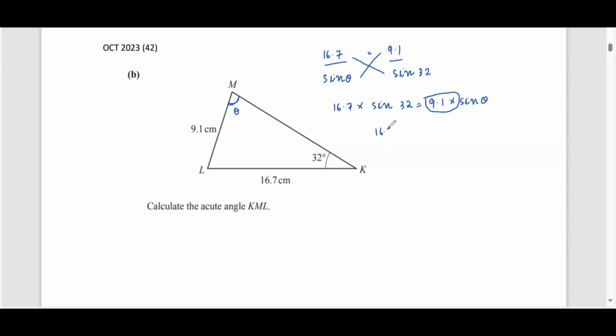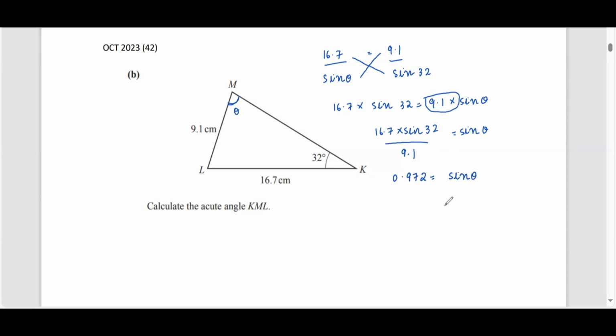So 16.7 into sine 32 divided by 9.1 is equal to sine theta. Let's put the left-hand side in calculator. So 16.7 multiplied by sine 32 divided by 9.1 will give me approximately 0.972, which is sine theta.